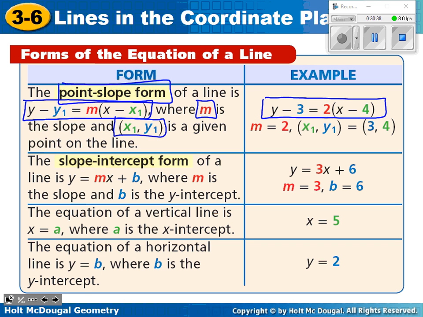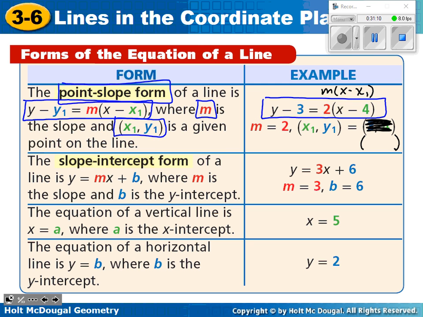Biggest mistake I see with point-slope form is students picking out the point incorrectly. Notice the formula has minuses in it. That means when you pick out the point, it should be x, and this is wrong. This is a typo. Please fix this in your notes. Scratch that out. That is not supposed to be 3, 4. Your point should be x comma y. Your formula was m times x minus x1. So what is x1 according to this part right here?